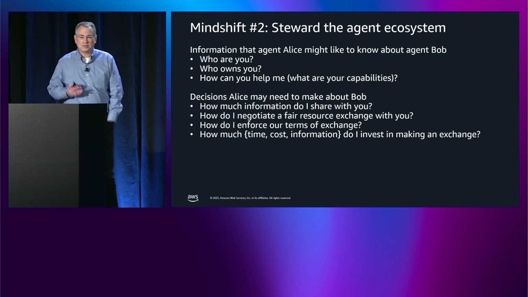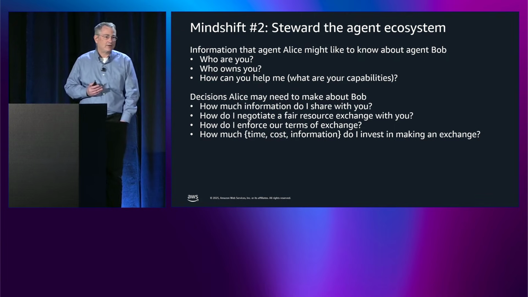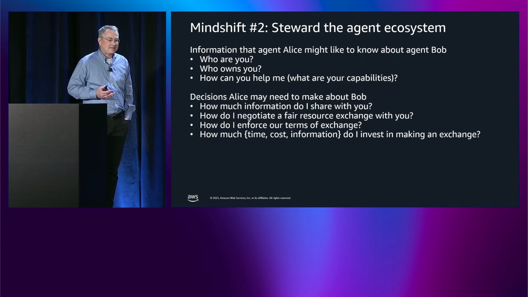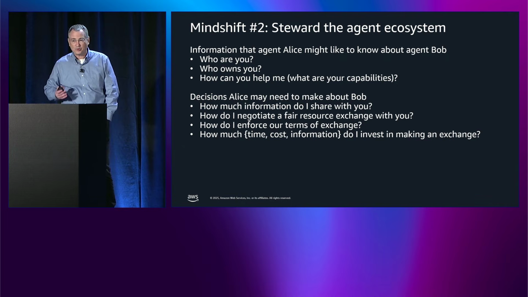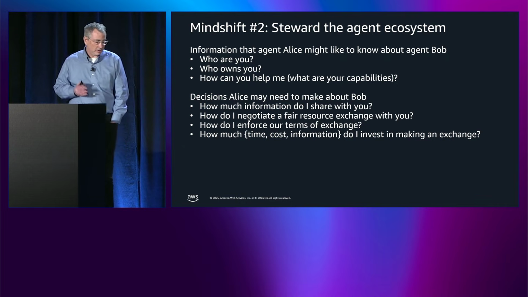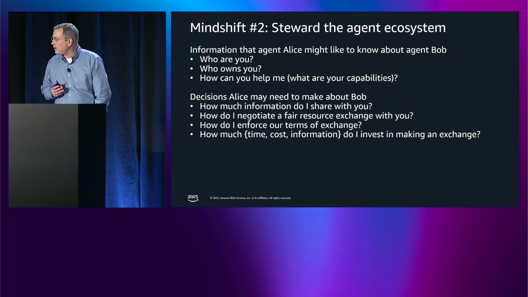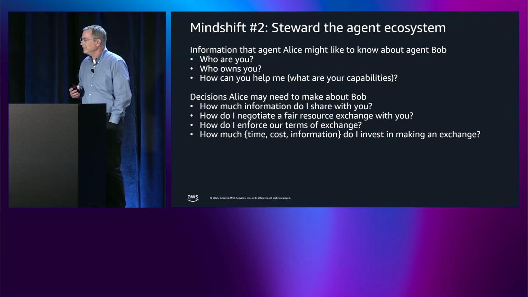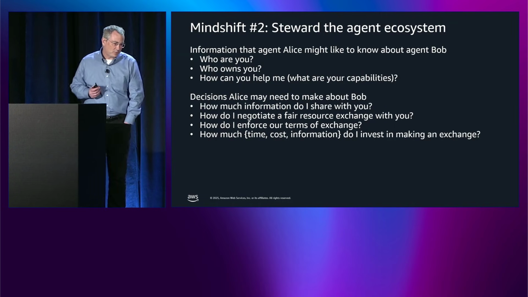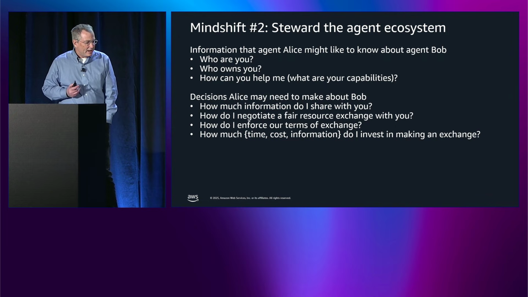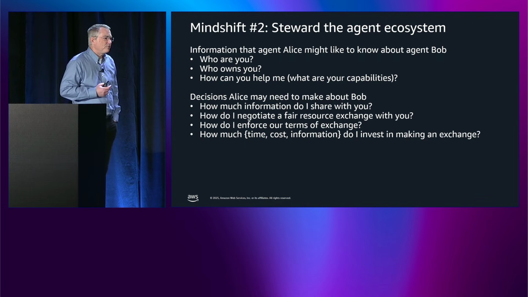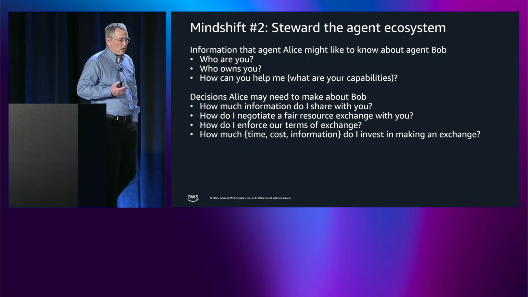Now come agents, because why wait? Life is exciting, okay? What is the second mind shift that's provoked by agents? Well, there is one. And let's go back to Alice and Bob, our canonical science friends as we work through some of these issues, right? There are things that Agent Alice would like to know about Agent Bob before Alice interacts with Bob, okay?